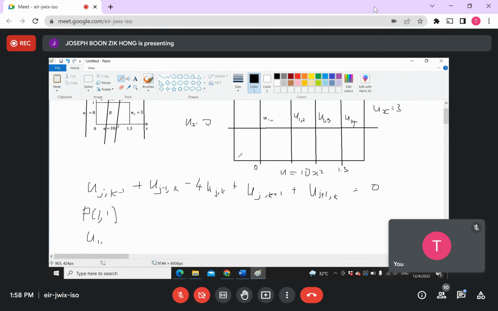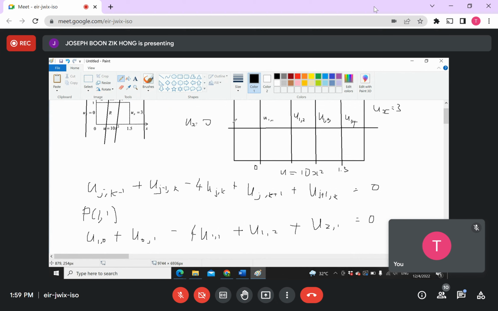Okay, U11, and then U10, I write down first: U10 plus U01 minus 4U11 plus U12 plus U21 equal to 0.